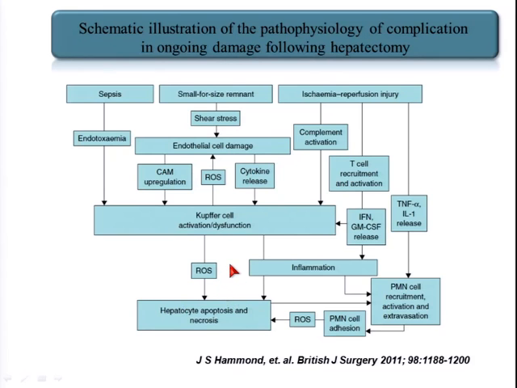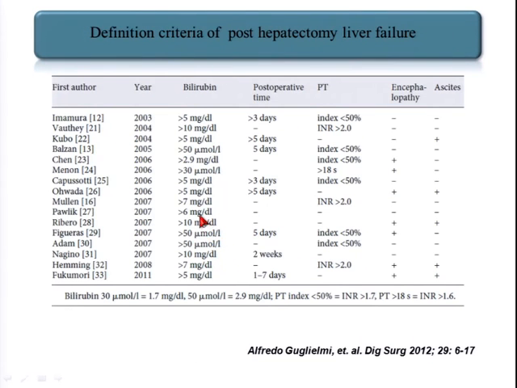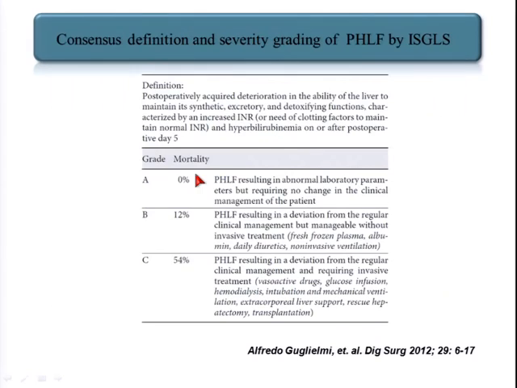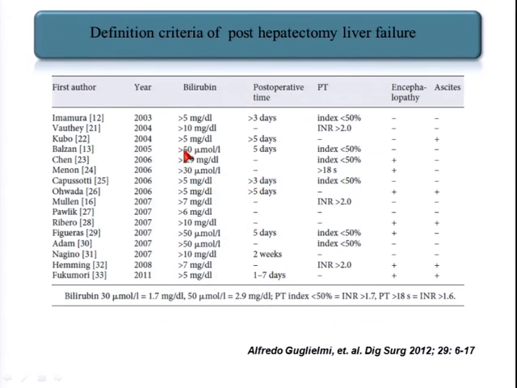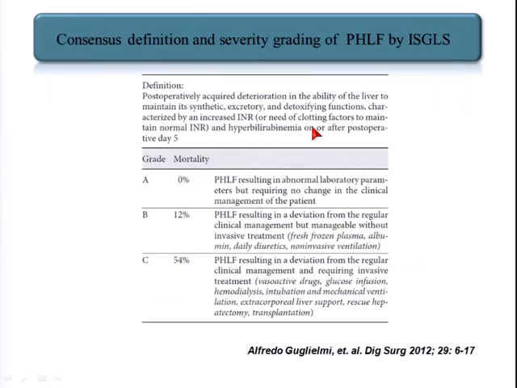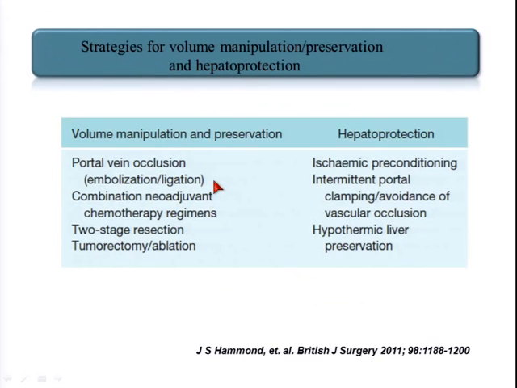This is regarded as hepatic failure, usually with a high bilirubin level, prolongation of prothrombin time, encephalopathy, and ascites. This kind of liver failure can be graded by the International Study Group as grade A, B, or C, and it is prevented by remnant volume manipulation and preservation, and sometimes hepatoprotection.